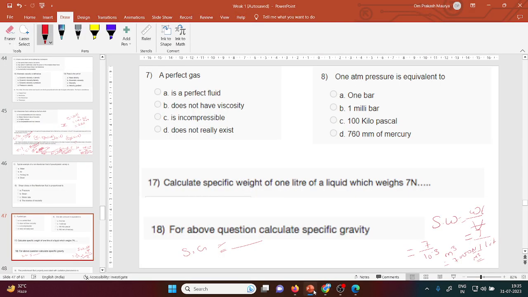Okay, let me explain. The formula of specific weight is rho g.